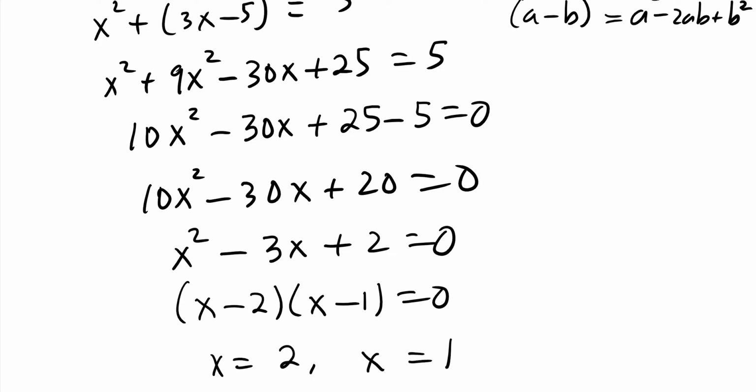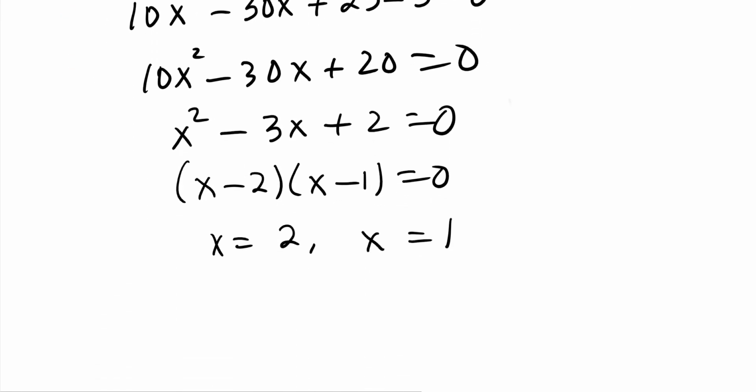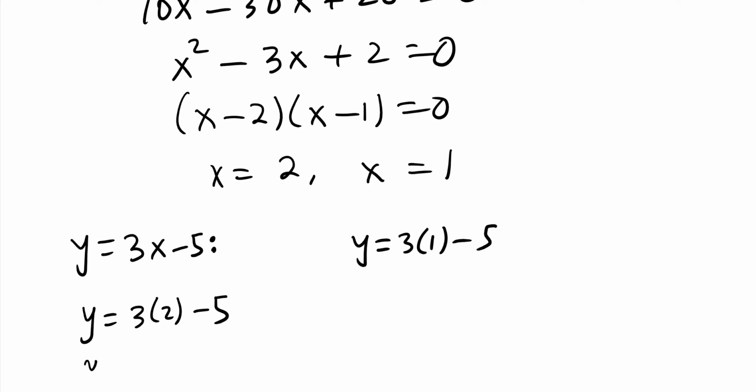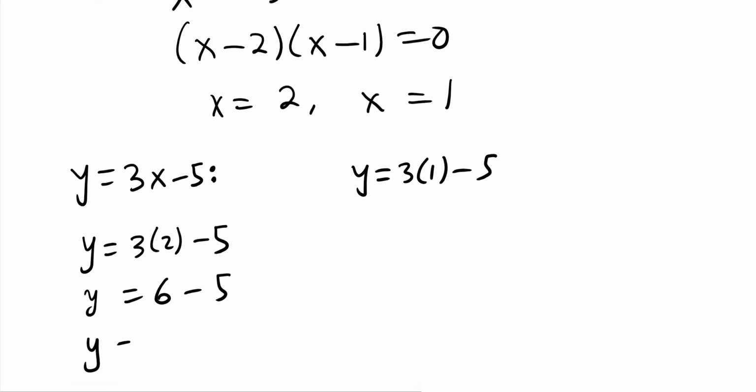So when x is 2, we see the y is 3x minus 5. So for this one, y would be 3 times 2 minus 5, so y is 6 minus 5, y is 1. And for the other one it is 3 times 1 minus 5, y equals 3 minus 5, y equals negative 2.